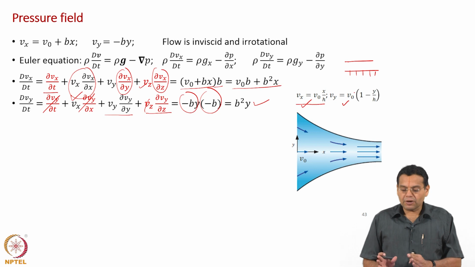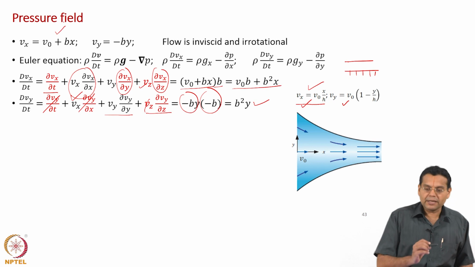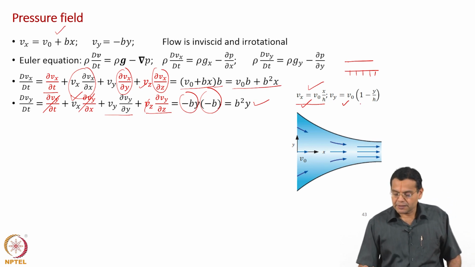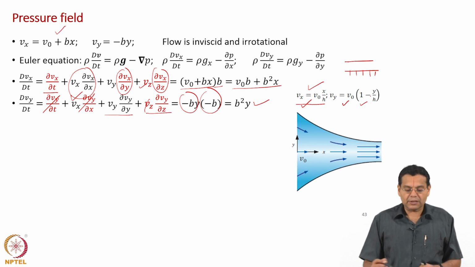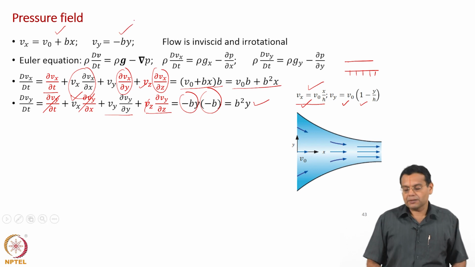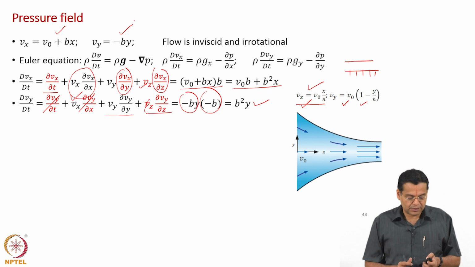The functional forms are different, no doubt about it, but if you look at the functional dependency, it is the same. Here also Vx depends on x only, in the previous case also Vx depended on x only, and Vy depended on y only in both cases. That is why these steps are almost similar to the earlier case.